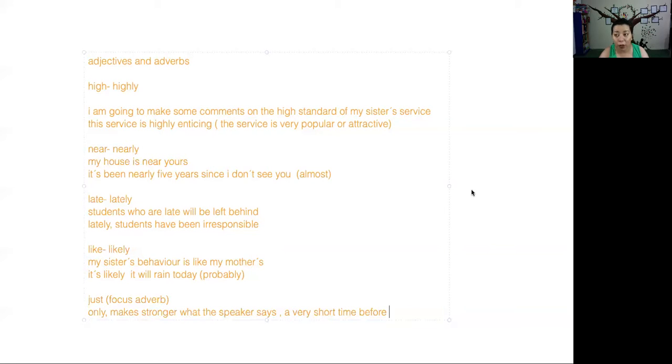Also send an inbox, whatever you want. That is very useful to me to present topics like this. For example, I had this class today with some students, and I explained in detail, with some pictures and exercises, what the difference is between high and highly, near and nearly, late and lately, like and lightly, and the uses of just.